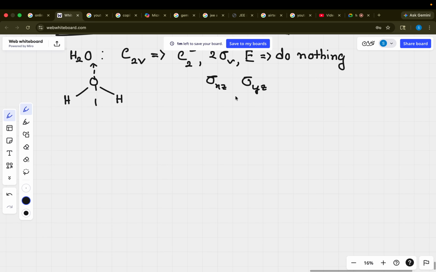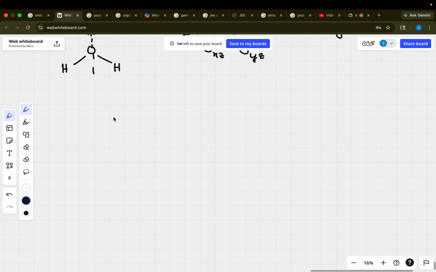Now, how to form this group multiplication table? Initially we have the C2V point group. Write down the elements present: identity comes first, E, then C2Z, next the 2 sigma V, so we write sigma xz and sigma yz.